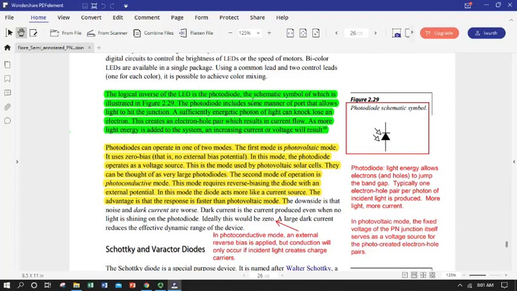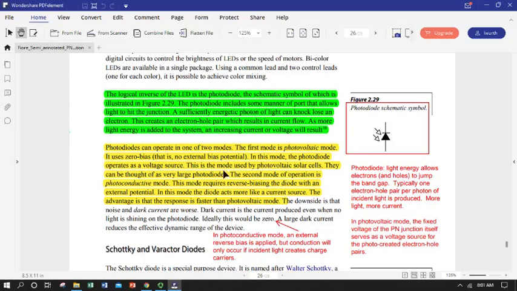And basically that's why your reverse saturation current increases with temperature. Well, we can use light the way we use temperature. And so for every photon that literally hits that depletion zone, if we expose it to light, we create a pair of charge carriers, and the fixed voltage associated with that depletion zone zips them away.